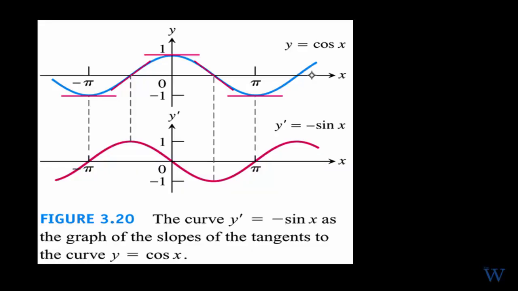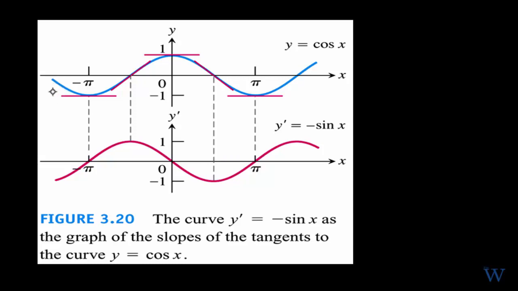Now, what does this show? It just shows the relationship between the original function cosine x and its derivative function. And remember, when we were trying to do that, we saw how it pairs up with the derivative function by looking at the tangent lines to the curve.